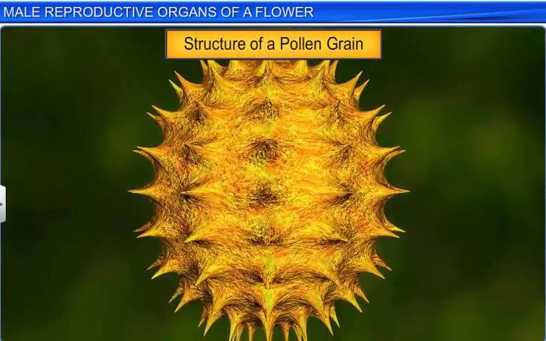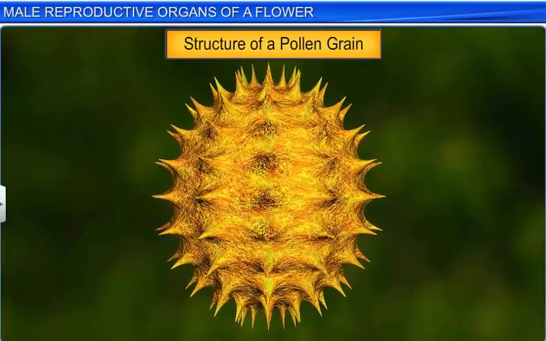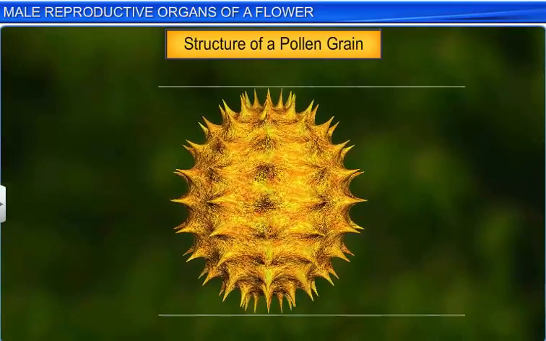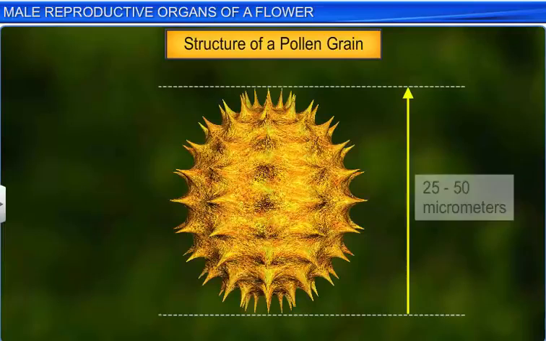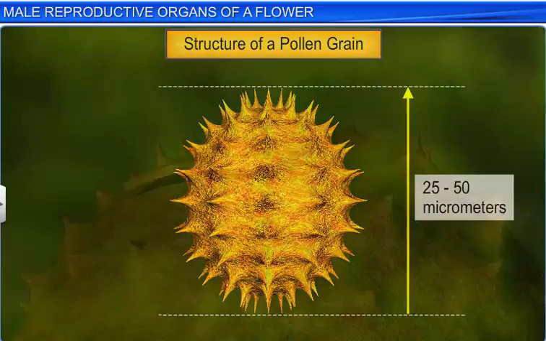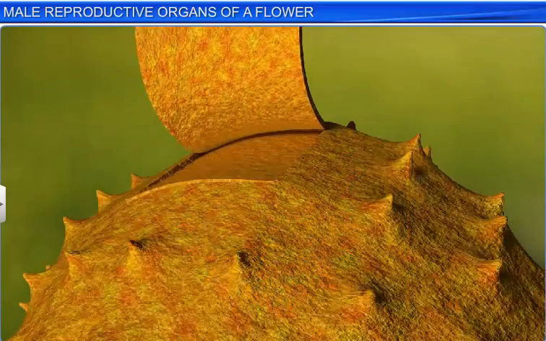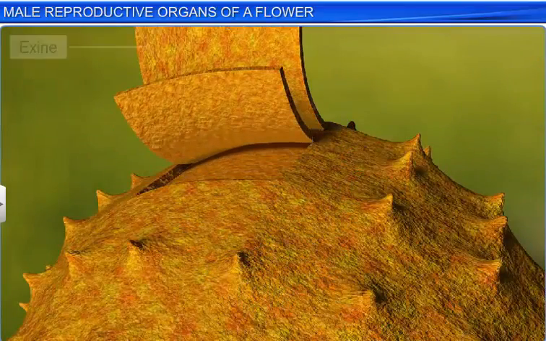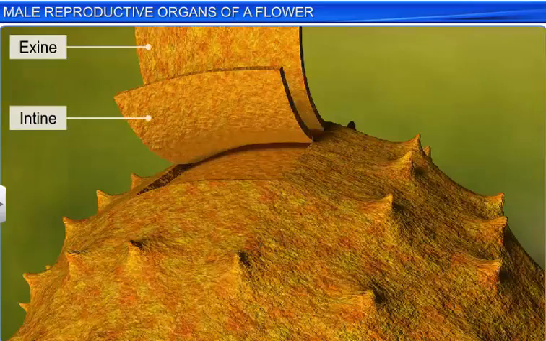A typical pollen grain, however, is spherical in shape and has a diameter measuring about 25 to 50 micrometers. It is surrounded by two layers of wall, exine and intine.